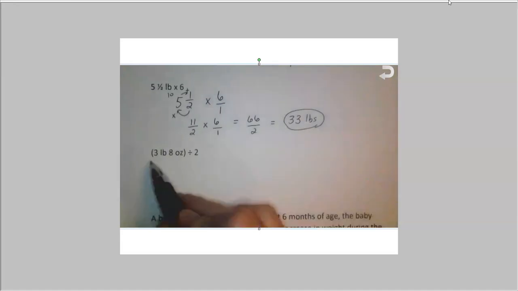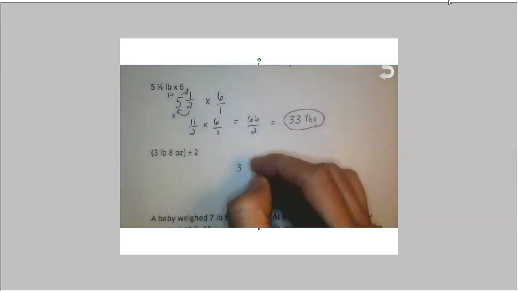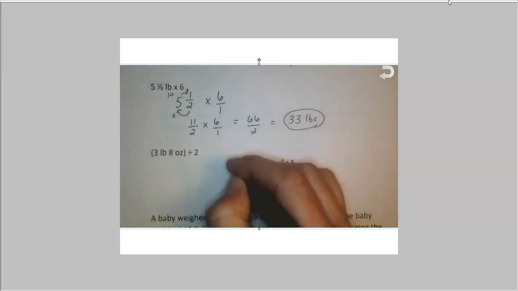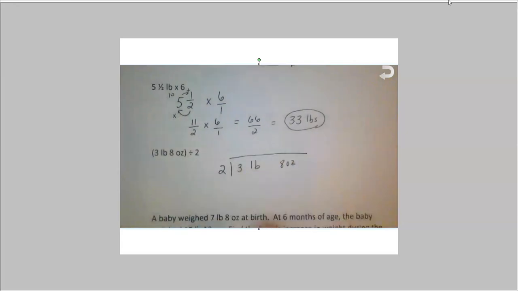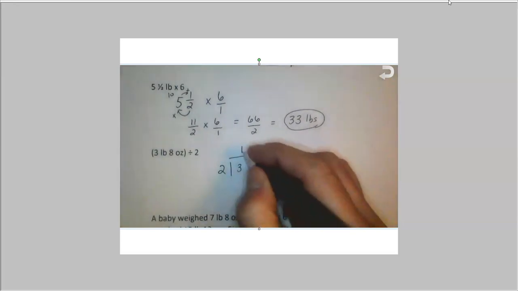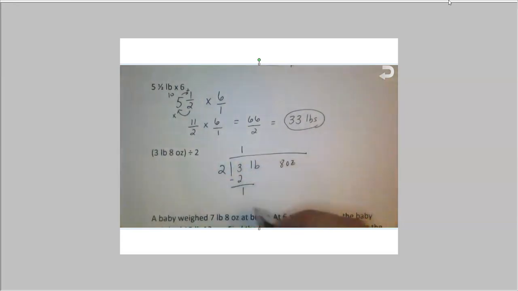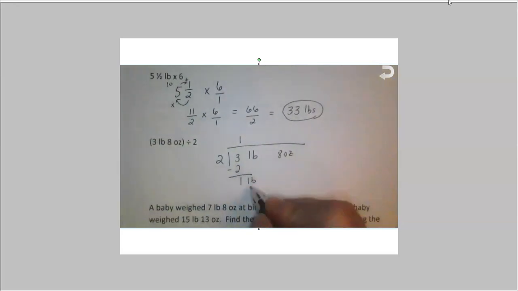Right here, I'm taking this mixed measure and I'm dividing it by 2. So I'm going to have to divide into each one here. 3 divided by 2 is 1. And I have 1 pound left over, okay? 1 pound, we said a minute ago, was 16 ounces.